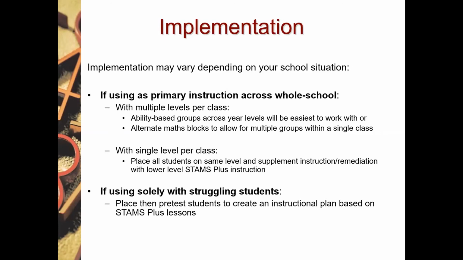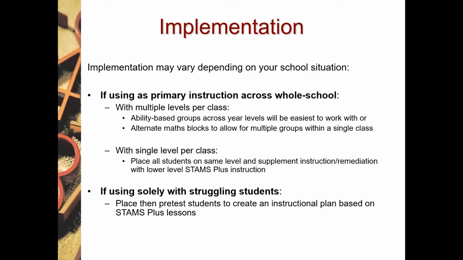Or alternate the maths block to allow for multiple groups within a single class. Or, with a single level per class, place all the students on the same level and instruct and remediate, maybe with a lower STAMS Plus instruction, or use it solely for struggling students: place them with the levelling, use the pretest, create an instructional plan based on their results, and then go to the STAMS lesson.